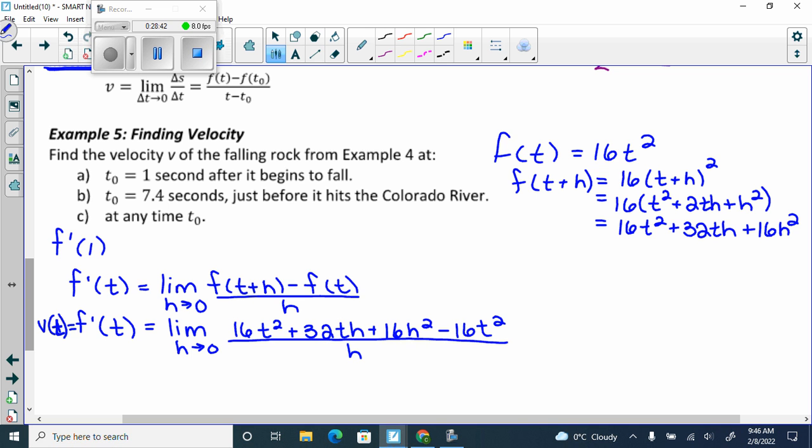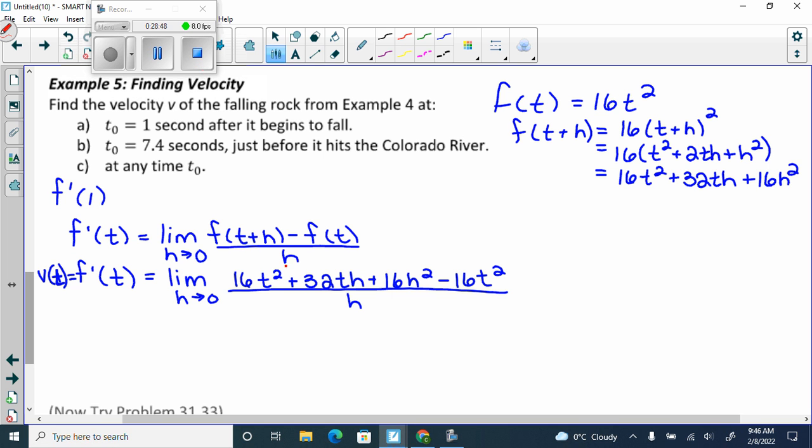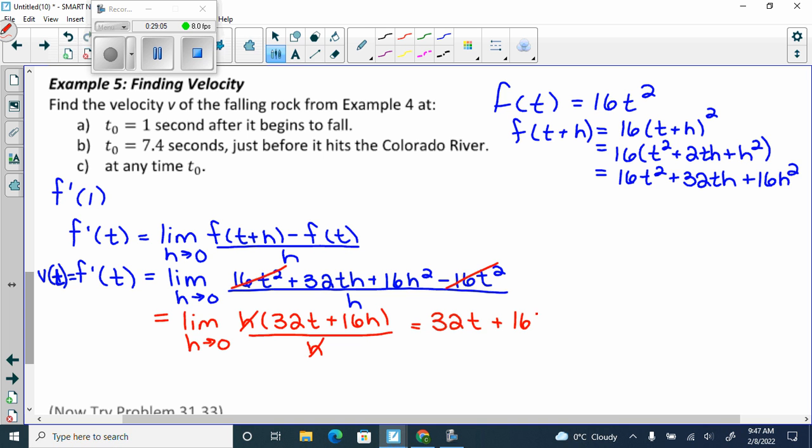And anything without an h better go, or we screwed up. Take out an h, and we're left with 32t plus 16h all over h. The h's cancel, and I get 32t plus 16 times 0, which equals 32t.